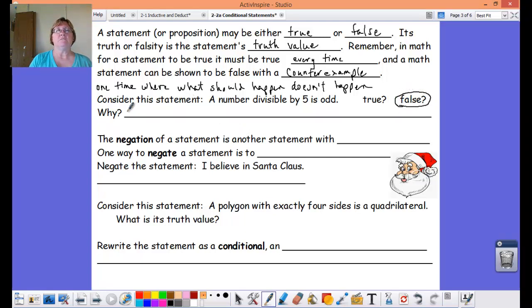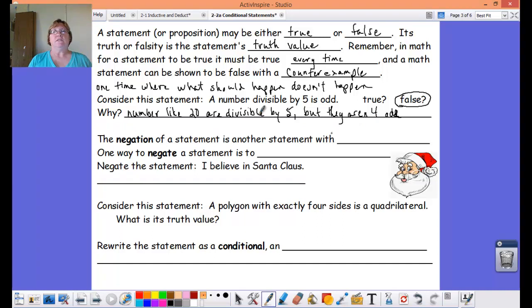This is a false statement because numbers like 20 that end in 0 are divisible by 5, but they're not odd. That's a counterexample, and all it takes is one case where what's supposed to happen if you're divisible by 5, according to this, is that you're odd. You have one case where it doesn't work. That's all it takes.